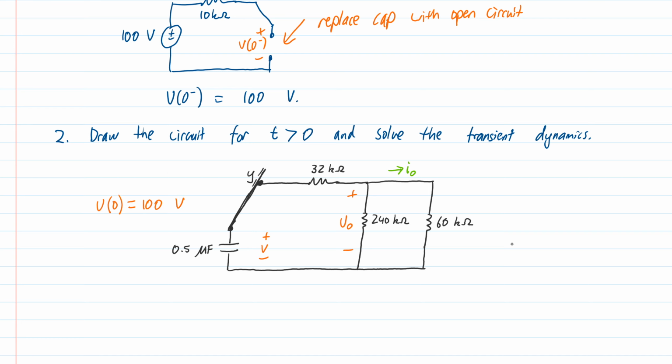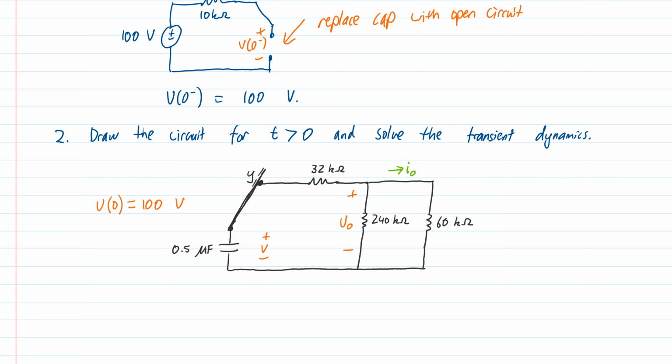By the way, the voltage on a capacitor can never change instantaneously. If the voltage just before the switch moves is 100 volts, then the voltage just after the switch moves must be the same. That's true for capacitor voltages and also inductor currents. Those things can never change instantaneously.